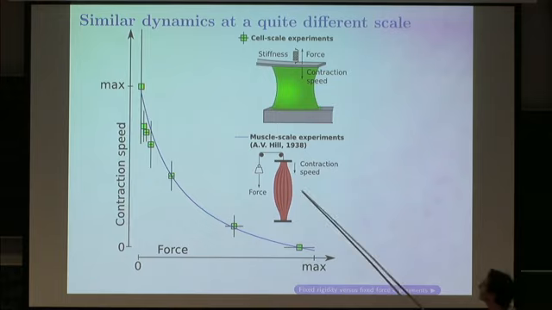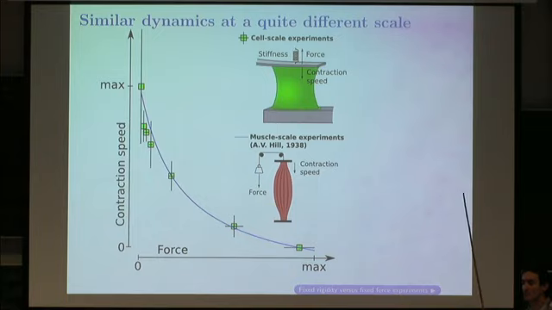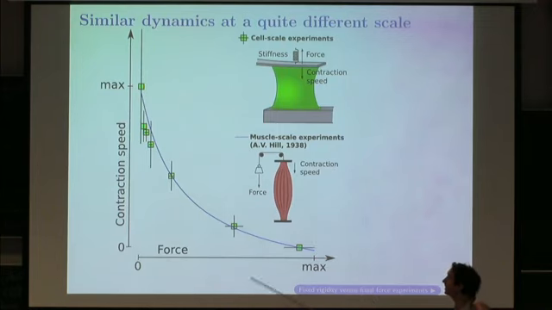He would put a muscle in series with a force. He would extend it first, then release, and look at the speed of contraction of the muscle against the force that he was applying. And actually the curve is the same, and that was the surprise of the experimental study.